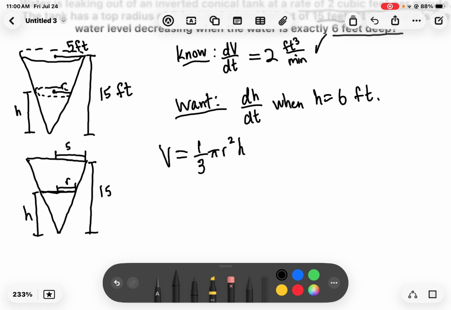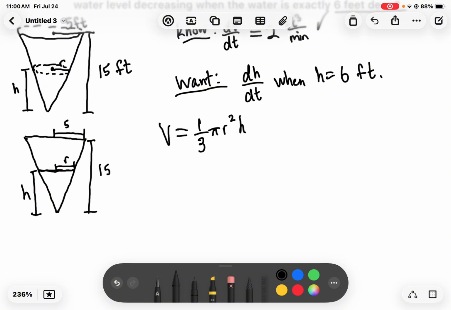Notice that these two triangles are similar. So we can use similarity to relate r and h together. From the big triangle we have 5 over 15, and that should be equal to r over h in the smaller triangle. Solving for r, we get that r is equal to 1/3 h.